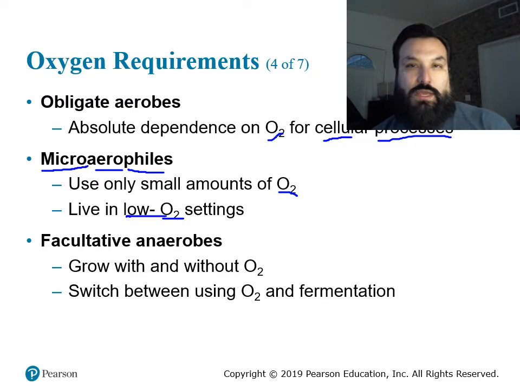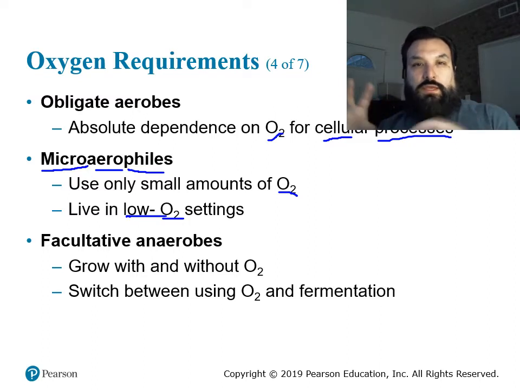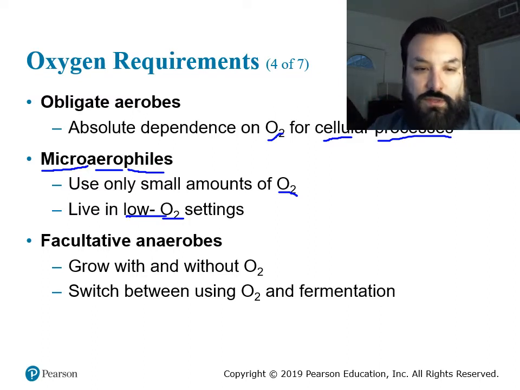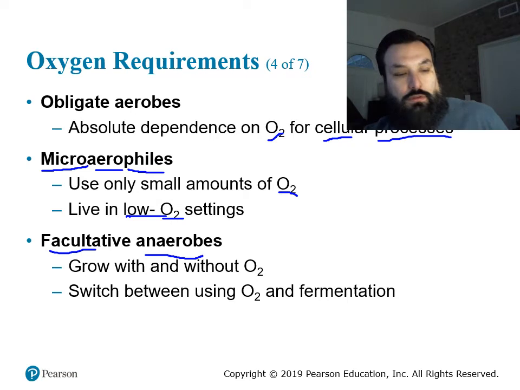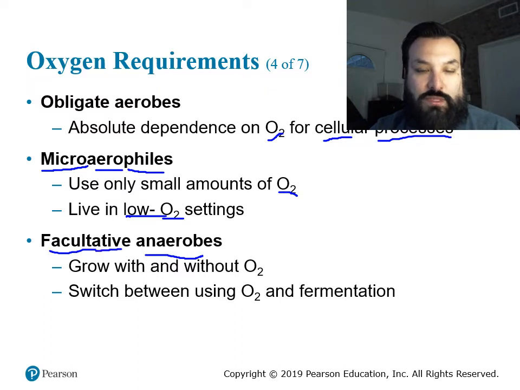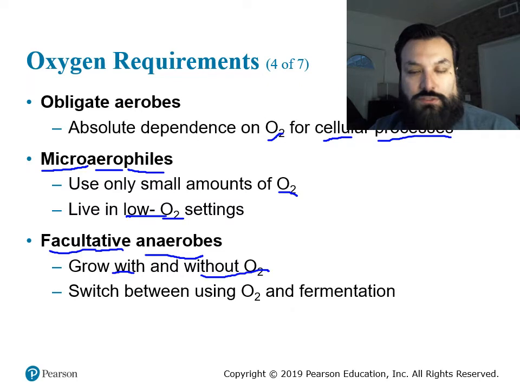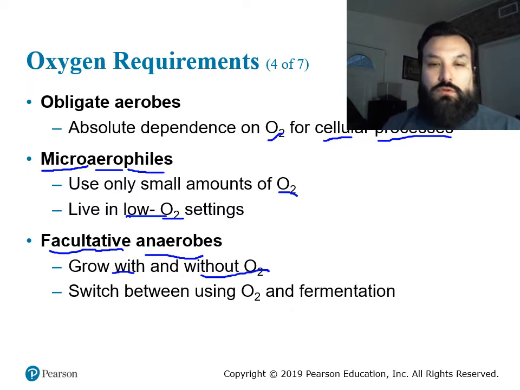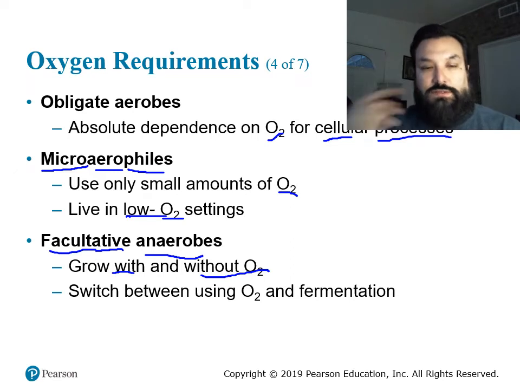That's where you find a microaerophile. Okay, and again, in reality, in the environment, you're going to find these places. And the facultative anaerobe, okay, can grow, and facultative really means can grow in different places, right? So it can grow with and without oxygen. So when we hear the word facultative, that means with and without, so they can grow in both places, right?